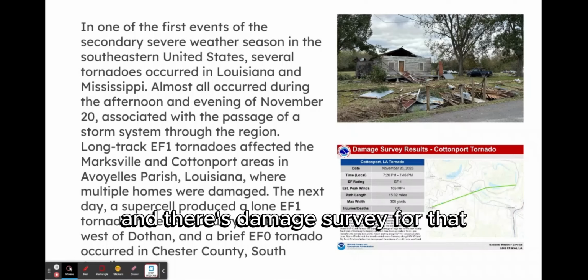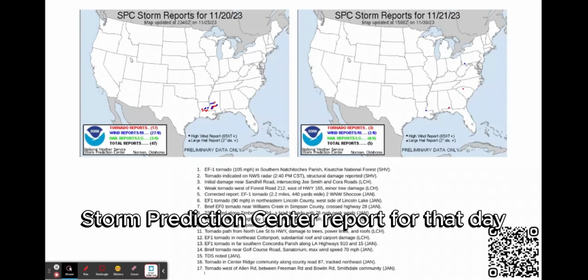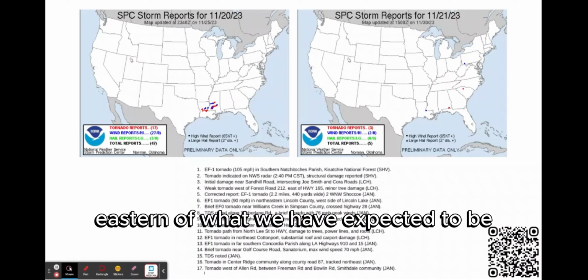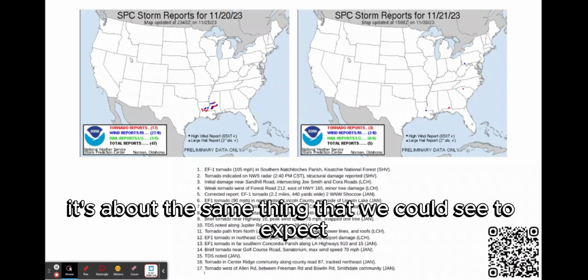There's the damage survey for that. We also have the Storm Prediction Center report for that day, and you can see it's around a little southern and a little more eastern of what we have expected to be right around the Texas and Missouri area. But once again, it's about the same thing that we could expect.